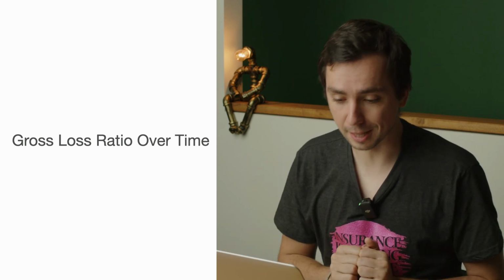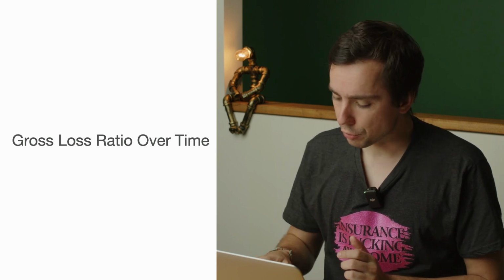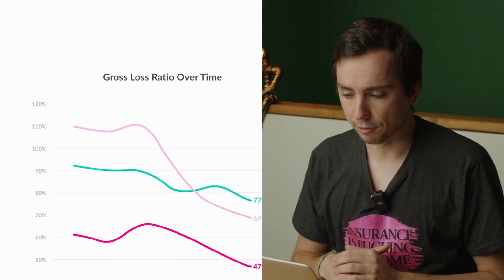But let's move on and have a look at the gross loss ratio over time. Once again, I'm not talking about the total gross loss ratio, I'm talking about the loss ratio for each individual product line. And for those of you who follow Lemonade closely, you might remember this graph.